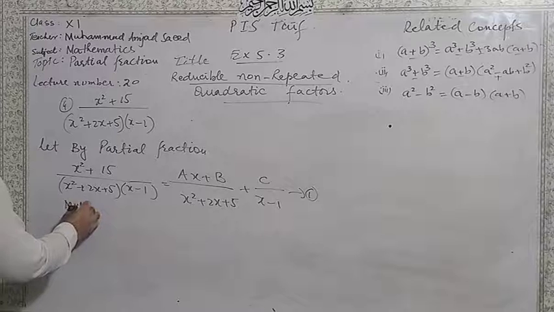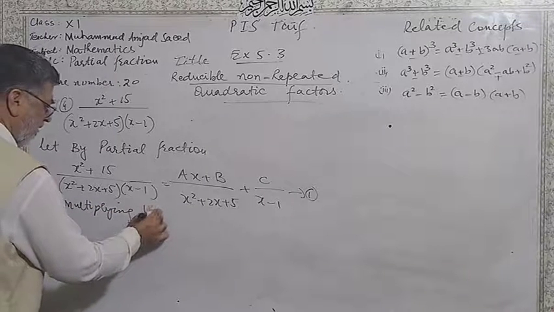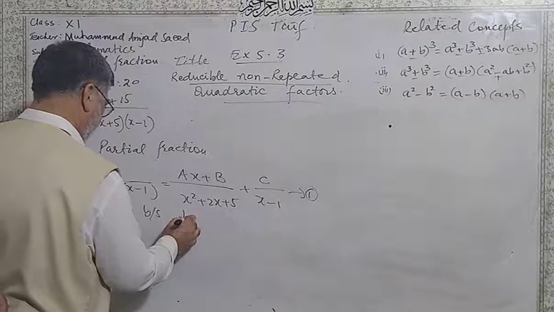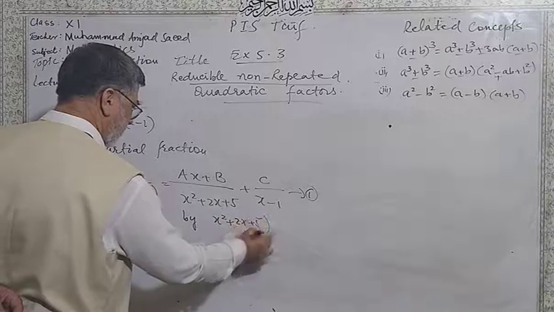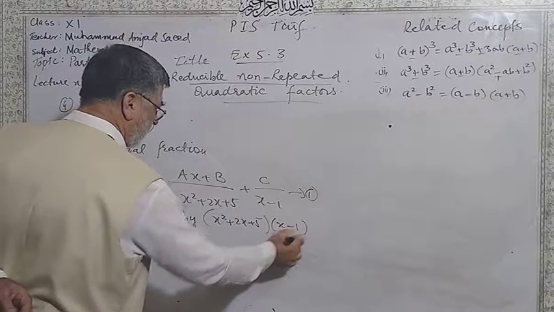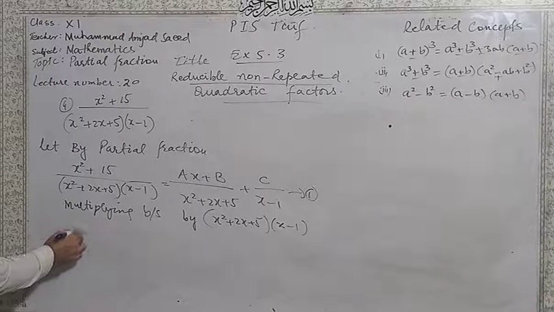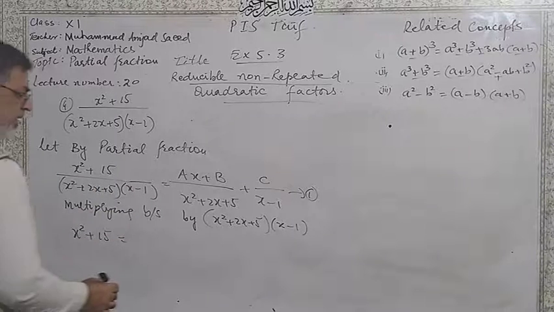Multiplying both sides by the LCM. What is the LCM? x square plus 2x plus 5 into x minus 1. So on the left hand side, x square plus 15, both are cancelled out.